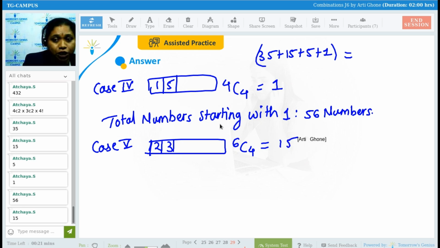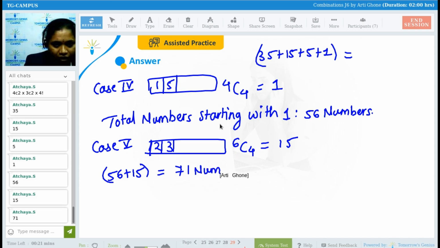So now we need to go slowly, okay? Because 56 plus 15, how many numbers are covered? 71 numbers covered. Okay, 71 numbers covered. Now we have to go like 2, 4.